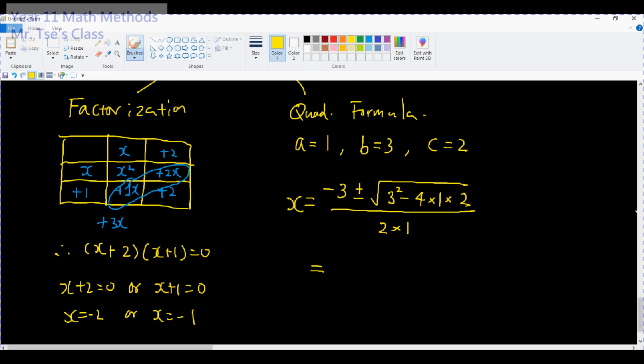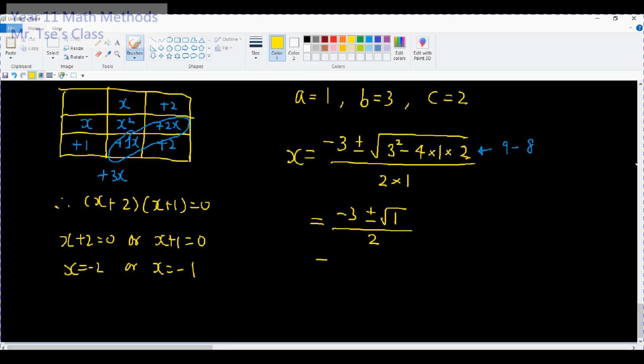Then you need to get the number inside the square root. 3 squared is 9, 4 times 1 times 2 is 8, so 9 minus 8 gives you 1. The square root of 1 is just 1, so we have plus or minus 1 over 2.